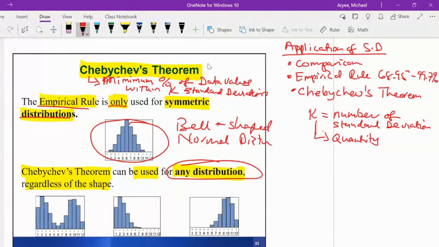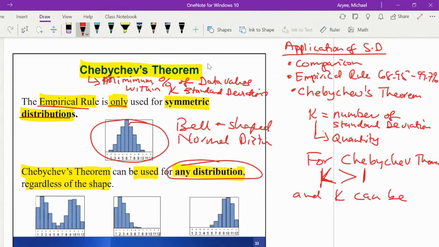For the Chebyshev theorem, k is always greater than 1. And k can be a fraction or decimal.